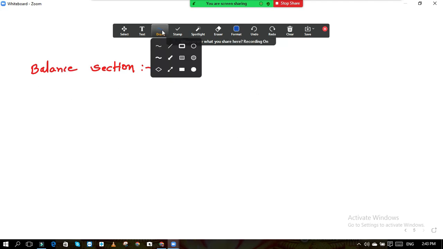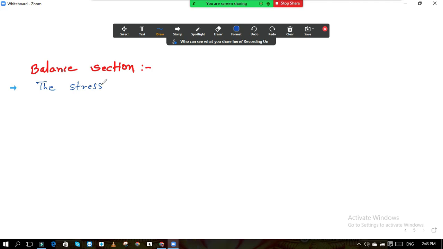The first point in the balanced section is: stresses in concrete and steel reach the maximum value at the same time. This we have already seen, still take it down, it is important.